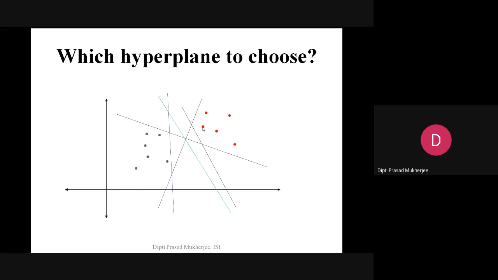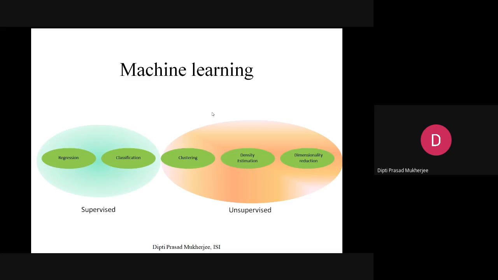Maybe one red dot would be on the other side of the hyperplane, maybe one black dot could be on the other side. That's a misclassification. So you draw that hyperplane such that it has maximum distance from both the classes, but also minimum misclassification error. And one of the excellent mathematical techniques to do that is the support vector machine, SVM, which chooses the hyperplane that way.